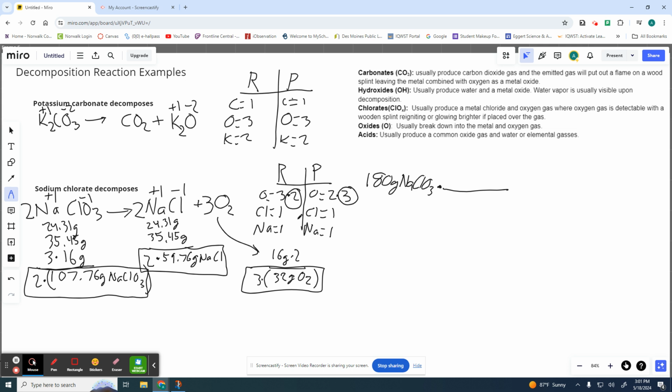So I'm going to use what I know about sodium chlorate from the reaction. I know that 1 package of sodium chlorate is 107.76 grams, but the recipe or the reaction calls for 2 servings of it. So I'm going to steal that and write 2 times 107.76 grams sodium chlorate. The grams sodium chlorate will cancel.